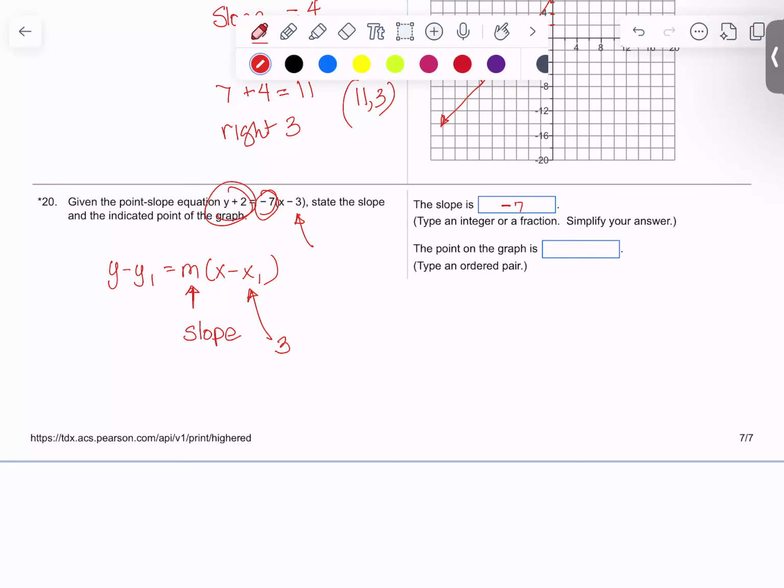Since it's y plus 2, that means it's y minus minus 2. So it's y minus minus 2 equals -7 times x minus 3. So the y coordinate of my point is -2. So the slope is -7 and my point is 3, -2.